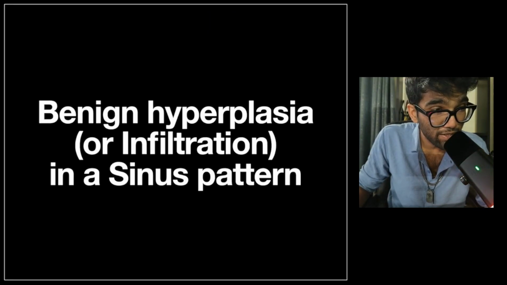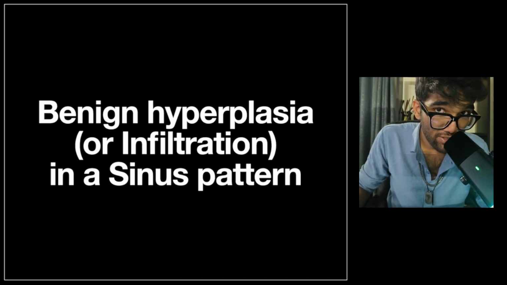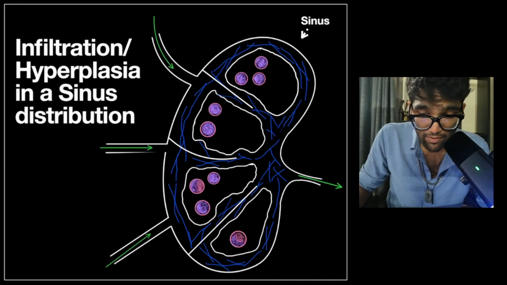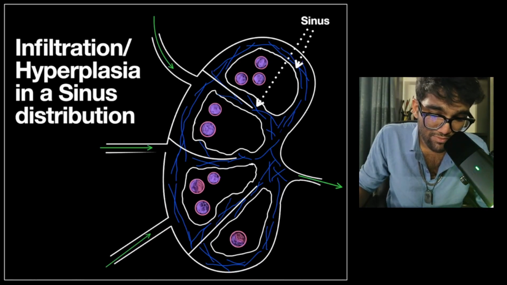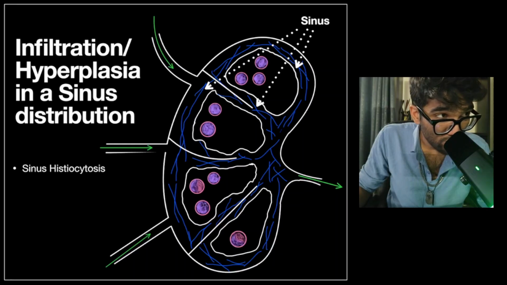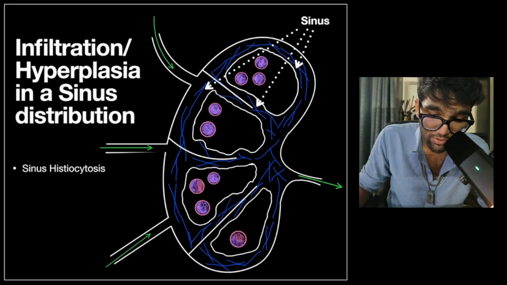Now, coming to the second pattern, that is benign hyperplasia or infiltration in a sinus pattern. Naturally, these would be cells that do not express CCR7 or CXCR5. This is the subcapsular sinus, and this is also the subcapsular sinus. This could include just some benign histiocytes coming into the sinus from the drainage basin of the lymph node.